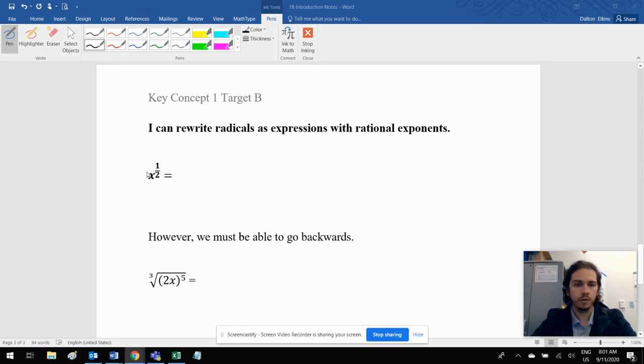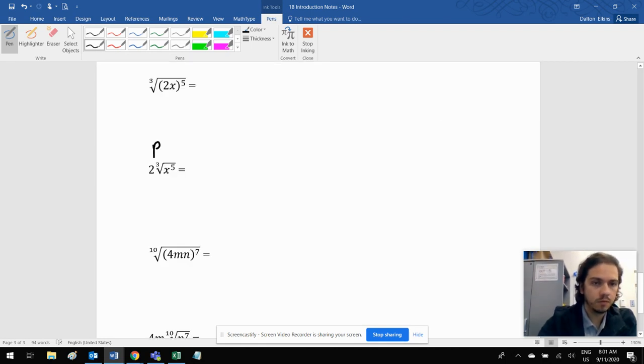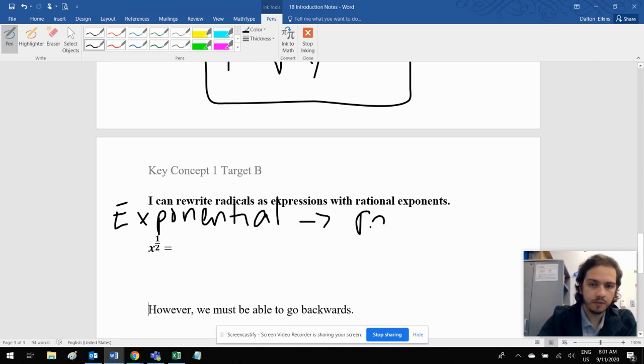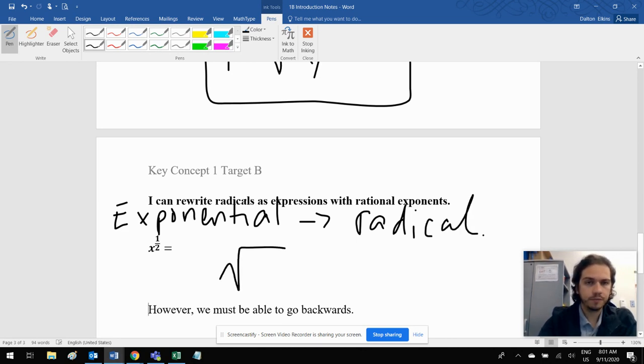So just as a quick review, if we have an exponential form here, which let me go ahead and write out, this is an exponential. We wanted to write it as a radical. So what we did was we drew a radical.